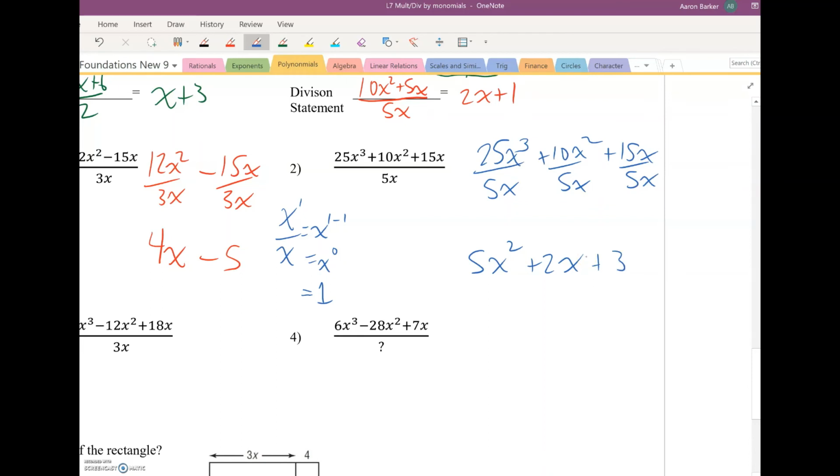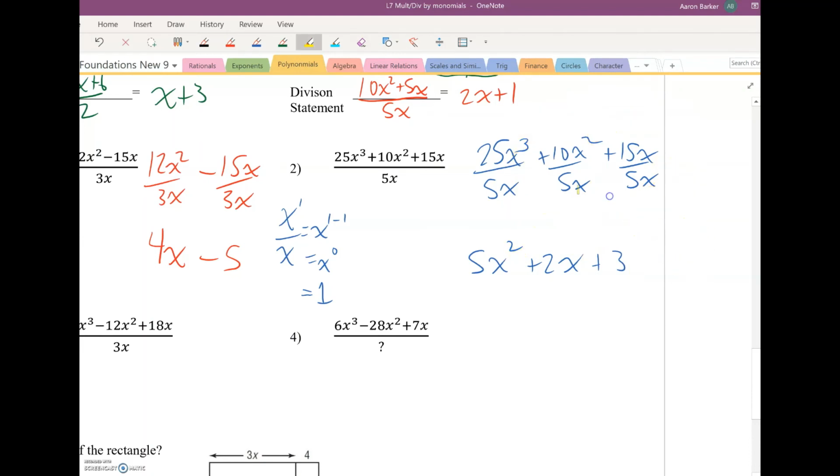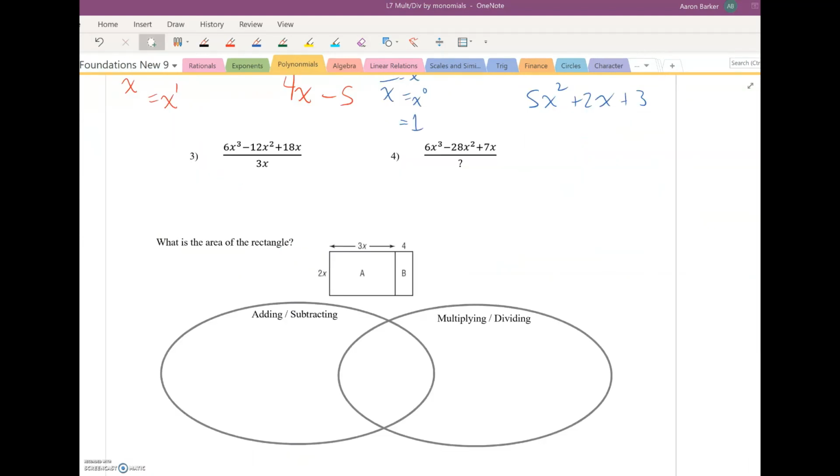So what we're finding is that the exponents here are all decreasing by 1. They're decreasing by 1 because we have to subtract the 1 that's on the same letter that we're dividing by.